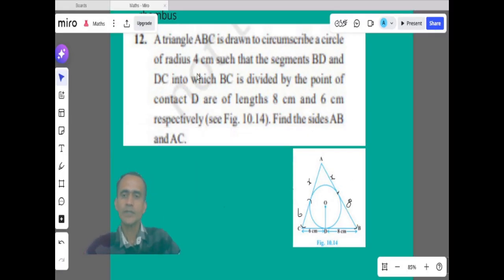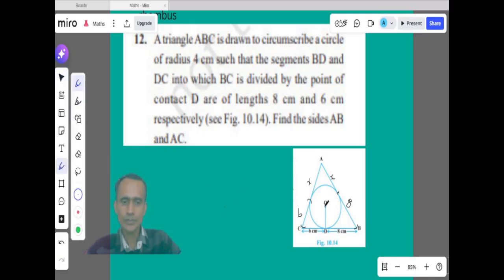Here in this question we know the measurement of some of the sides of the triangle. We know BC, and we know part of AC and AB. So we'll use Heron's formula and also the area of a triangle formula, that is half base into altitude. So we'll do these constructions.